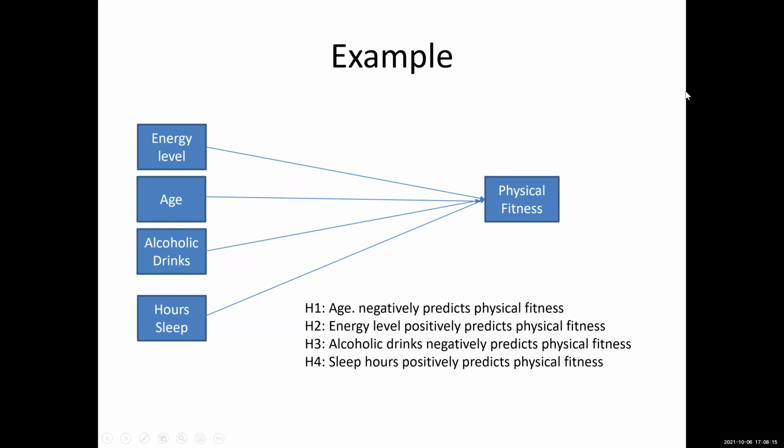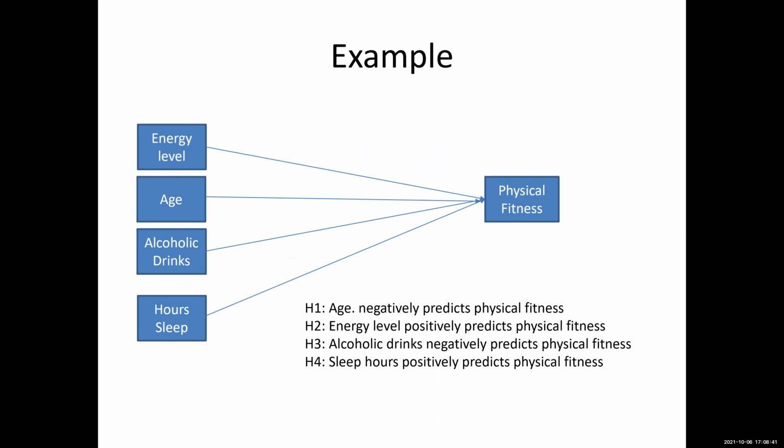Okay, now for example, this is our model which we want to test. We have 4 hypotheses. We are saying that age negatively predicts physical fitness, energy level positively predicts physical fitness, alcoholic drinks negatively predicts physical fitness, and sleep hours positively predict physical fitness.